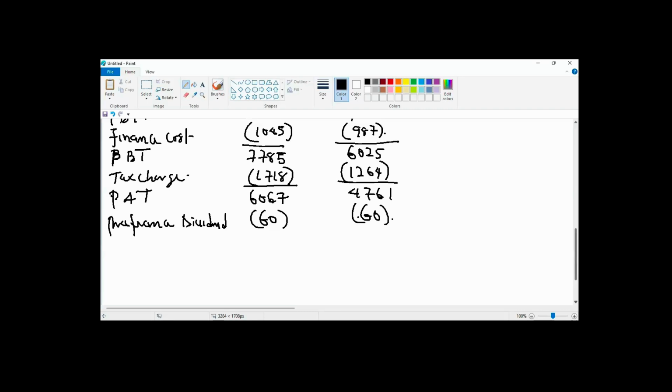Next. Is there any profit attributed to non-controlling interest? Yes. Profit to NCI, 180. Is there any profit for discontinued operation?